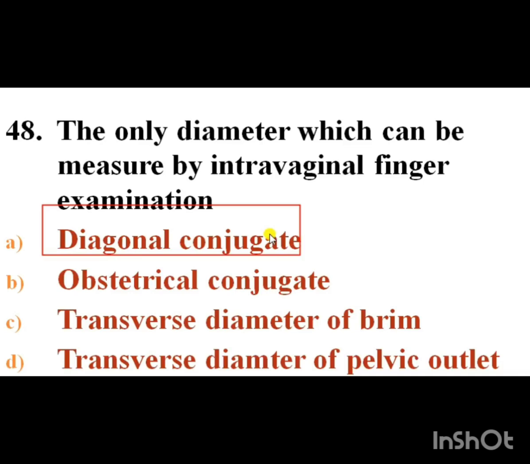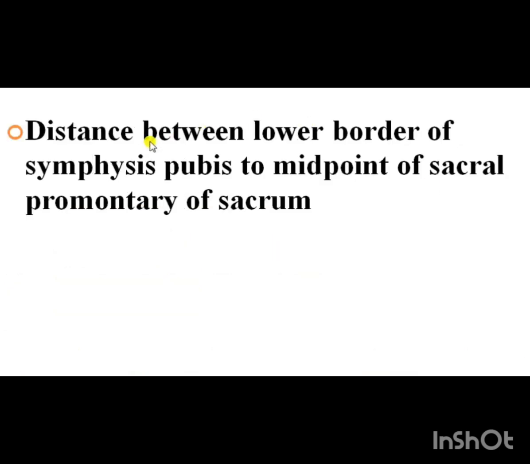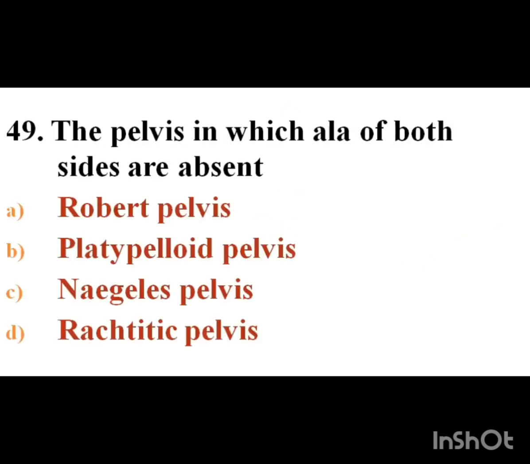It is the distance between the lower border of symphysis pubis to midpoint of sacral promontory of sacrum.